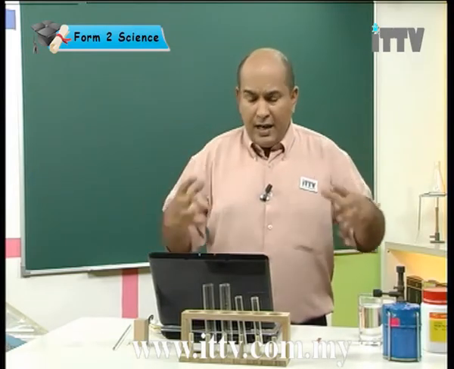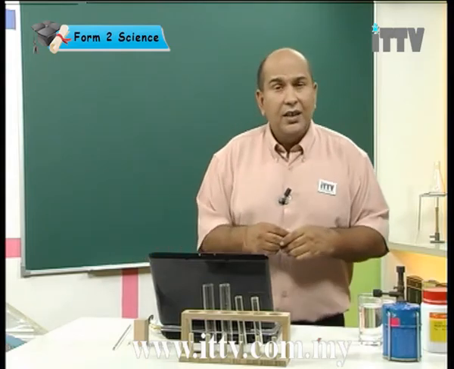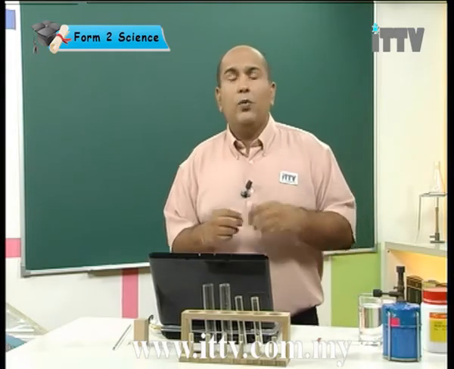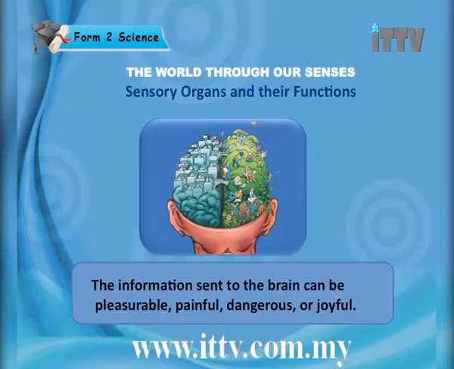The brain then will analyze all of this information or these sensations. It's up to the brain to decide whether or not it is good for us or bad for us. The information sent to the brain can be pleasurable, painful, dangerous, or joyful.